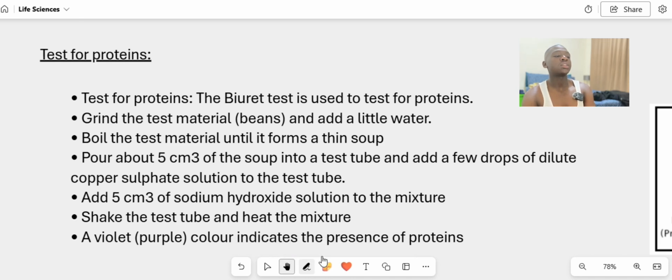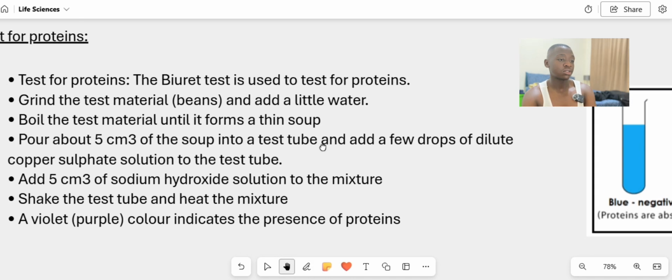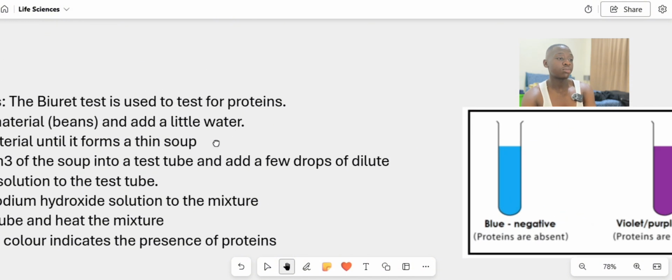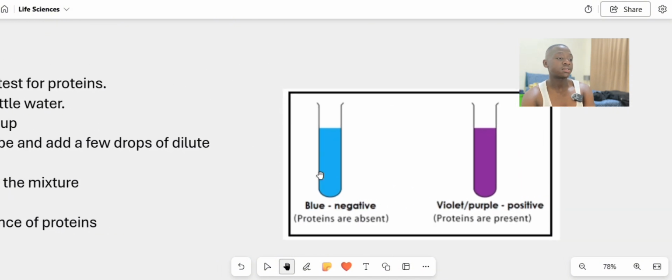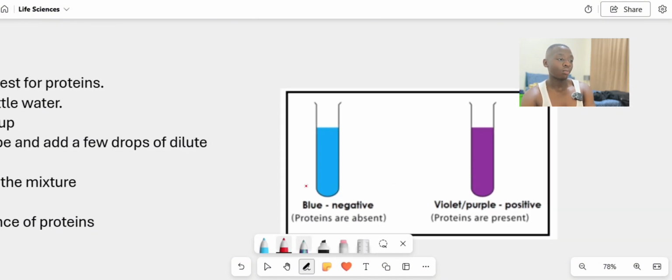This information is not that relevant; it is not needed to be known. The only thing you must know is the indicators. Each and every time it indicates blue, it is negative, meaning proteins are absent. Each and every time it indicates purple or violet, it is positive, meaning that proteins are present.